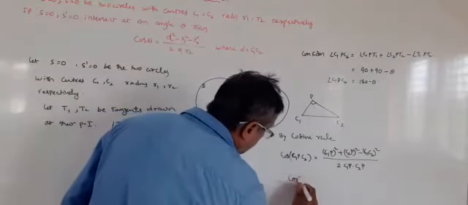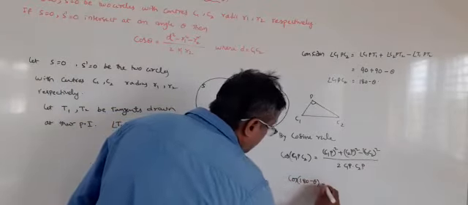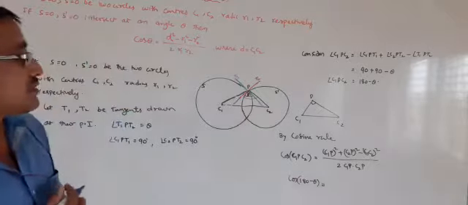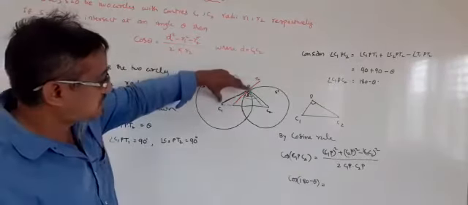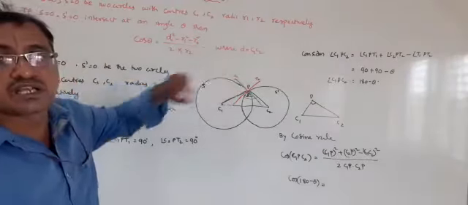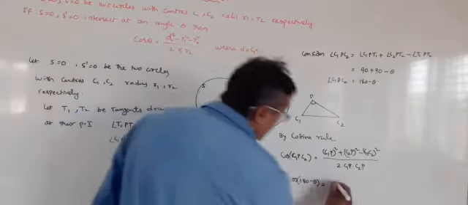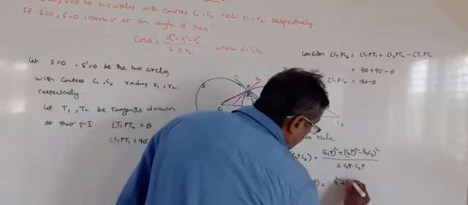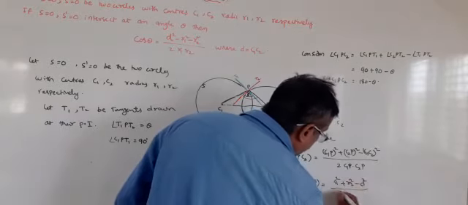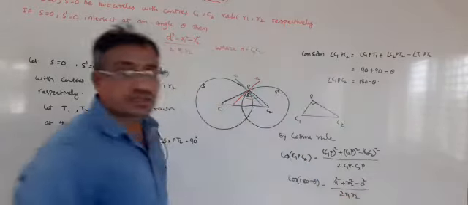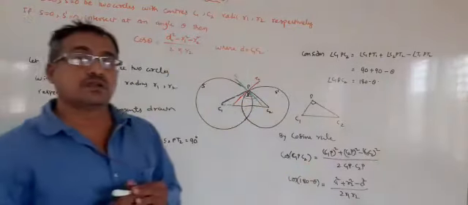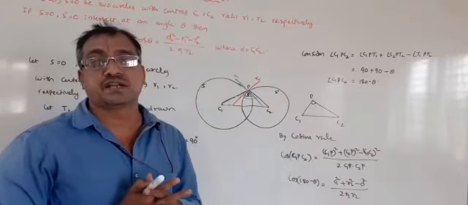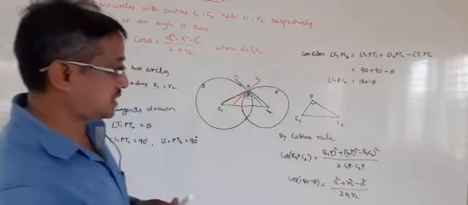So cos(180 - theta) = ... now what is C1P? C1P is nothing but the radius of the circle. So (r1² + r2² - d²) / 2r1r2. Now cos(180 - theta) is minus cos theta.